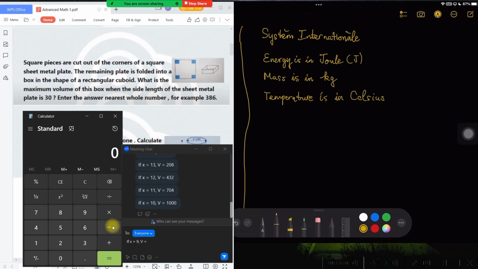And 30 minus 18 is 12. 12 times 12 times 9. So you get 1296. I think this is the maximum maybe.